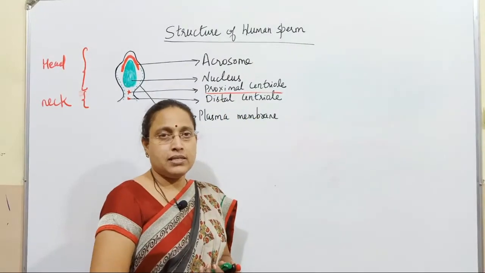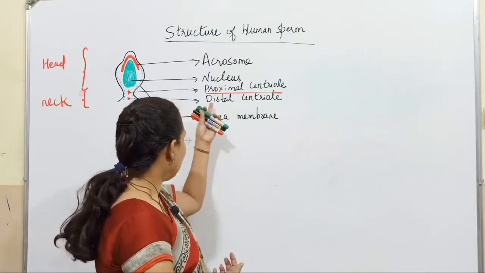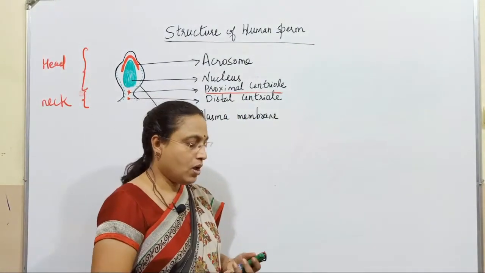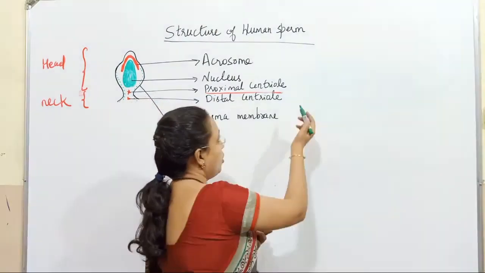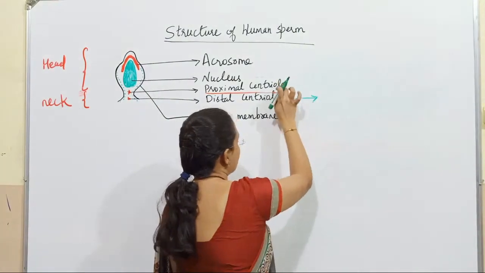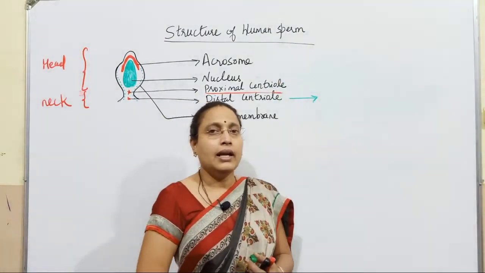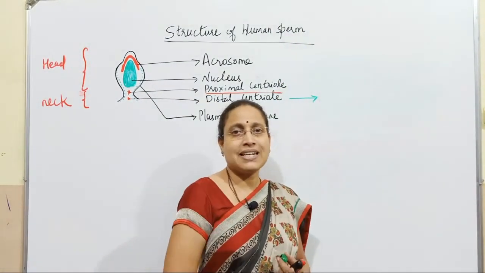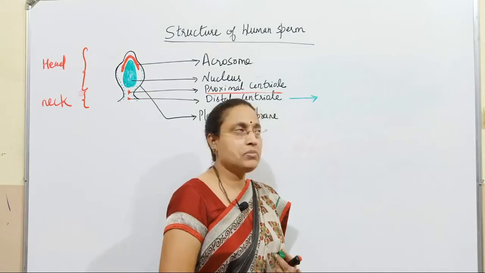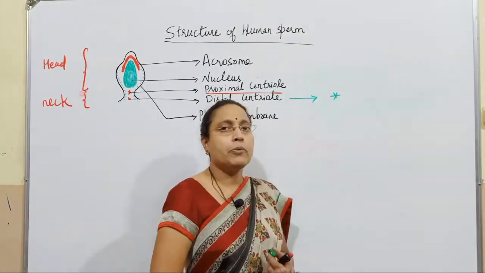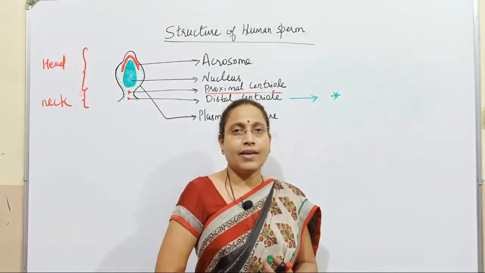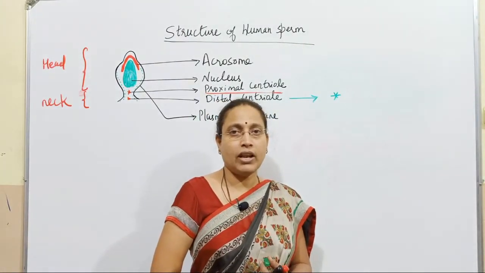The next one is the distal centriole. What is the distal centriole? This centriole lies posterior to the proximal centriole. These centrioles are present in the neck region of sperms. Now, the function of the distal centriole is that it produces fibrils, and they are called the axial filament.